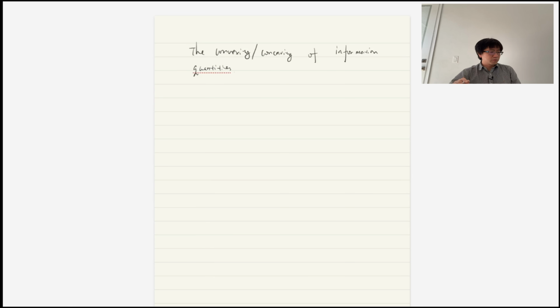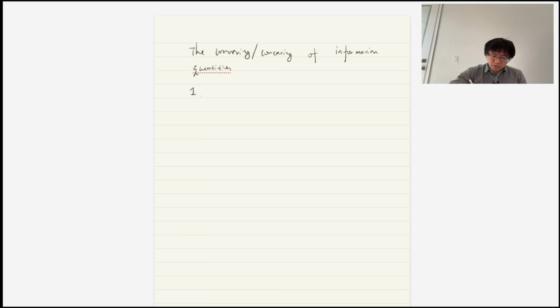The first one is entropy, because that's the simplest one. Now think a little bit. Is the entropy function a concave function or a convex function in the probability?